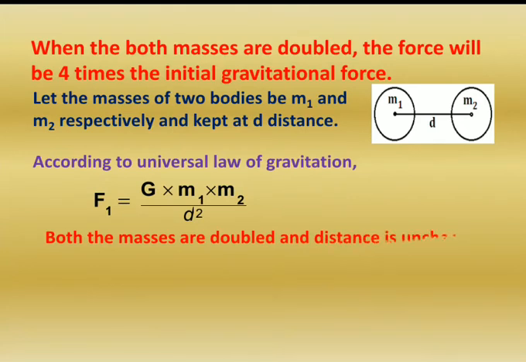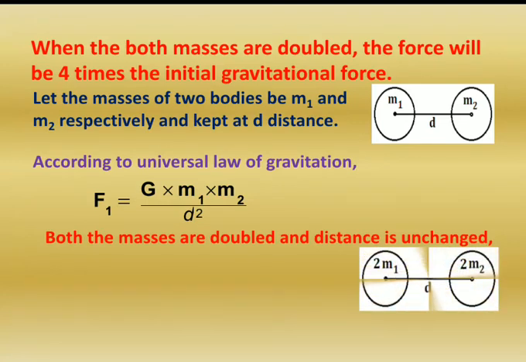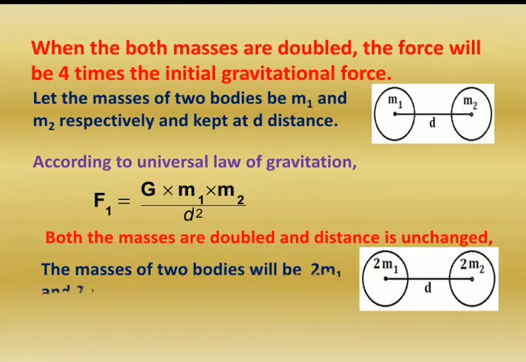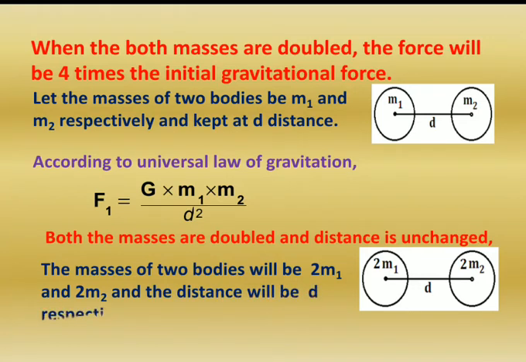Both the masses are doubled and the distance is unchanged. The masses of the two bodies will be 2m1 and 2m2 and the distance will be d respectively.